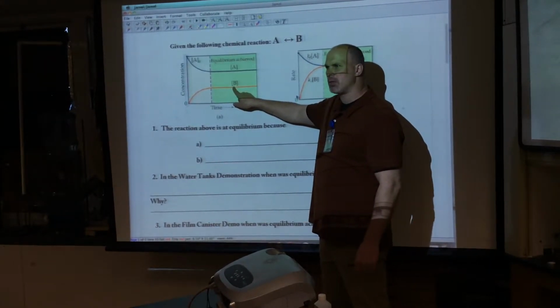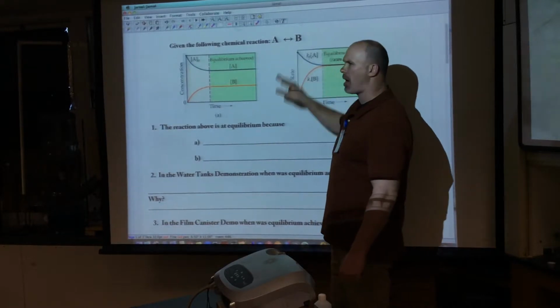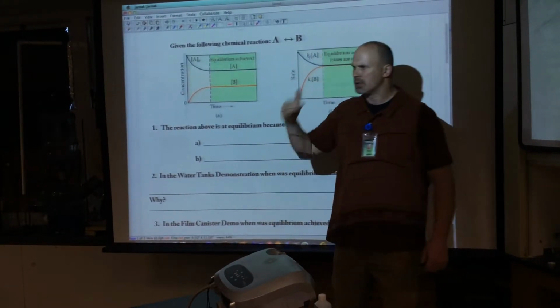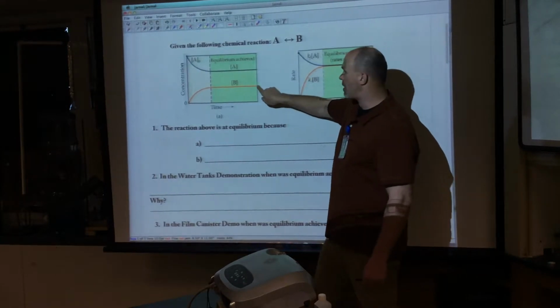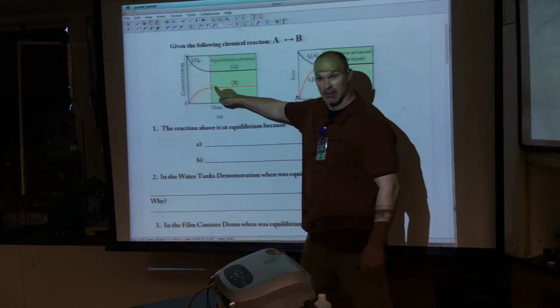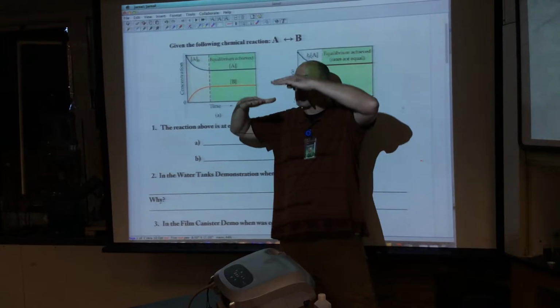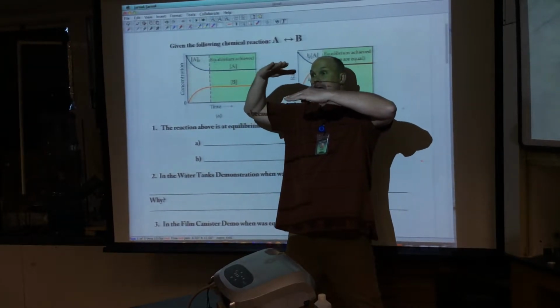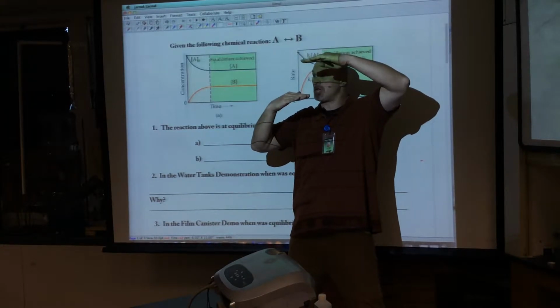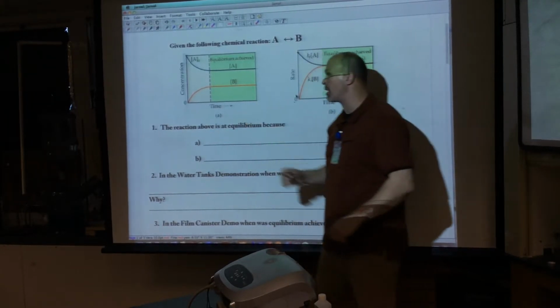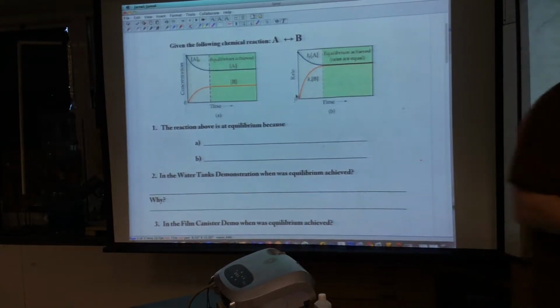Equilibrium is reached when the amount of reactants and products are not the same. See how they're not the same? When they're constant. They were not the same in my demonstration. Only when Kara and I's tanks stayed constant did we achieve equilibrium, because the rate of the forward equals the rate of the reverse.